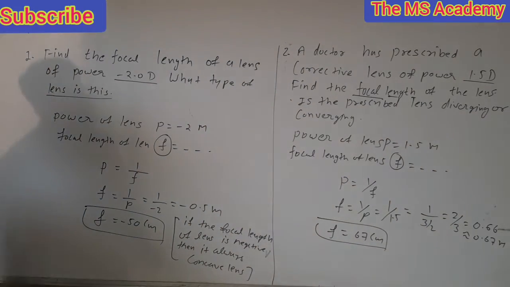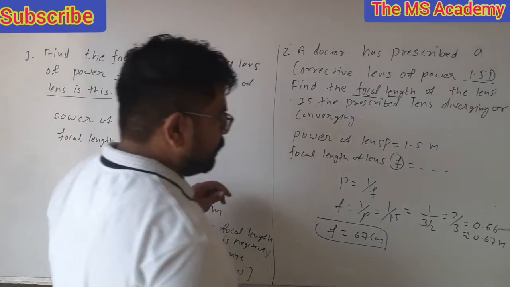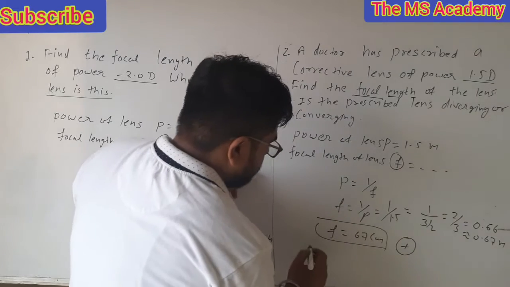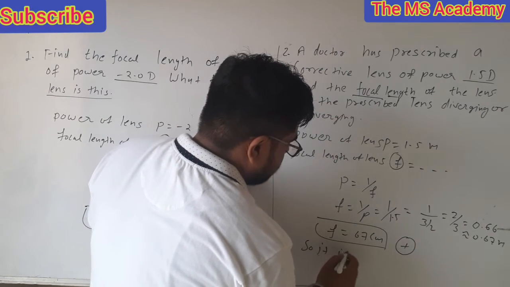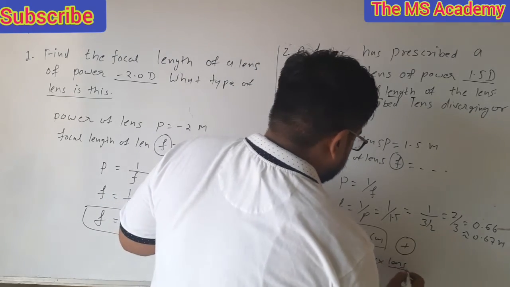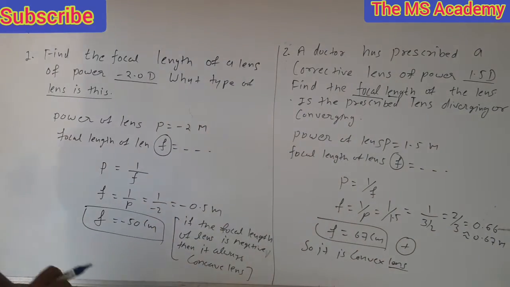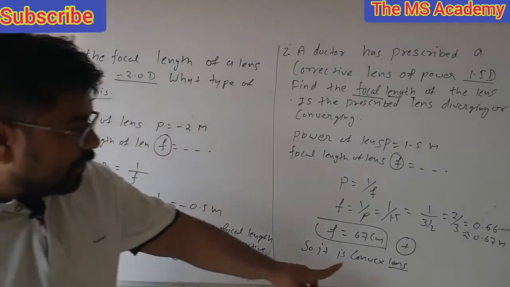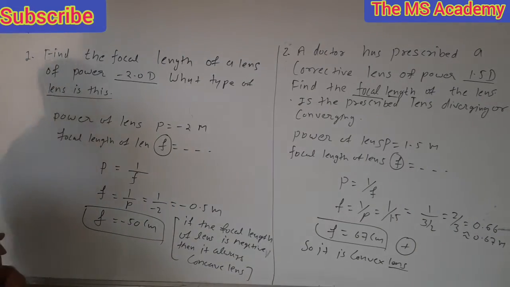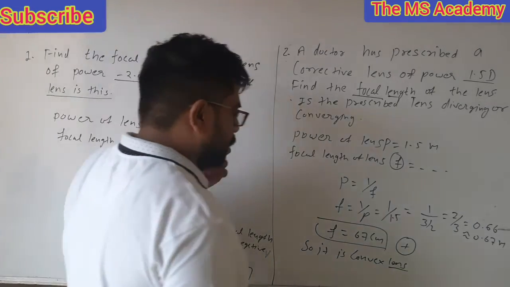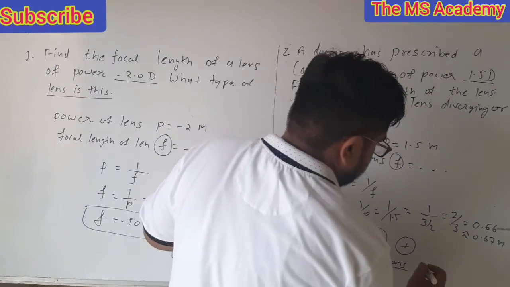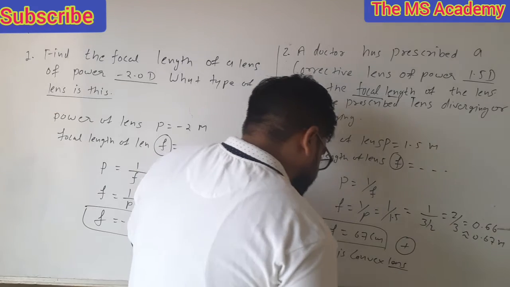Here the focal length of the lens is positive. So it is a convex lens. Convex lens always has a positive focal length. So it is a converging lens.